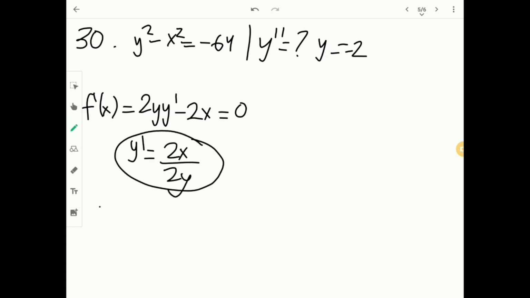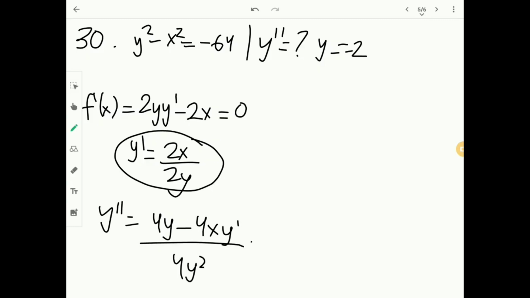So here's the y prime. Now to find y double prime, we do the quotient rule. So it's 4y minus 4x y prime over 4y squared. You substitute y prime, and you get 2x minus 2y, all of that over 4y squared.